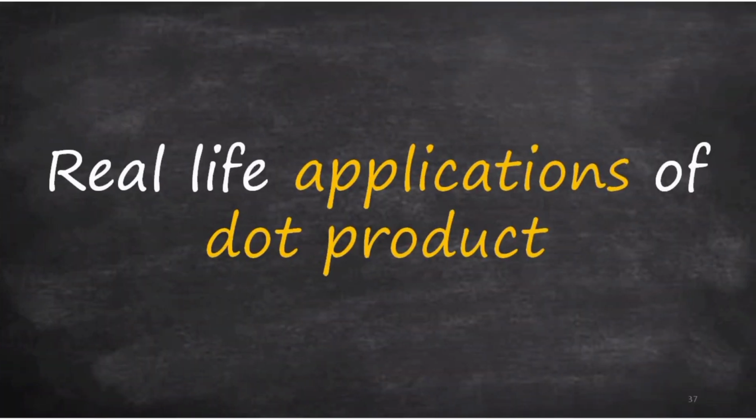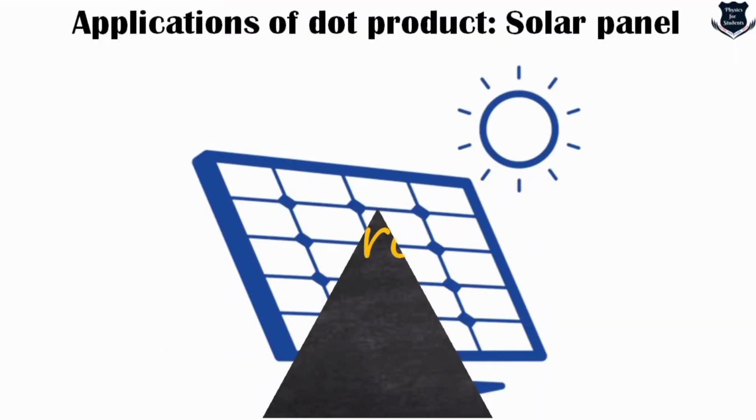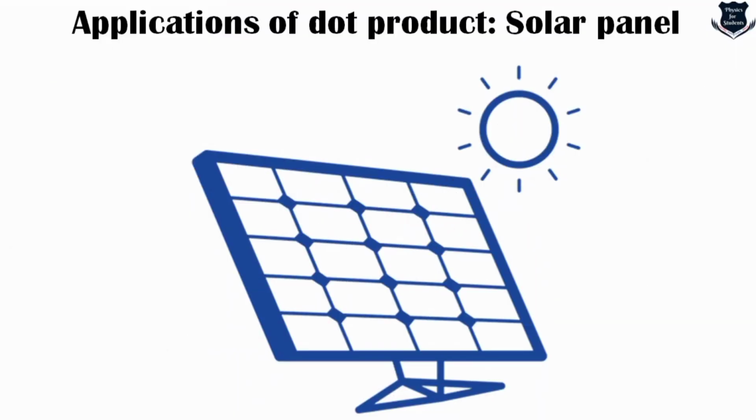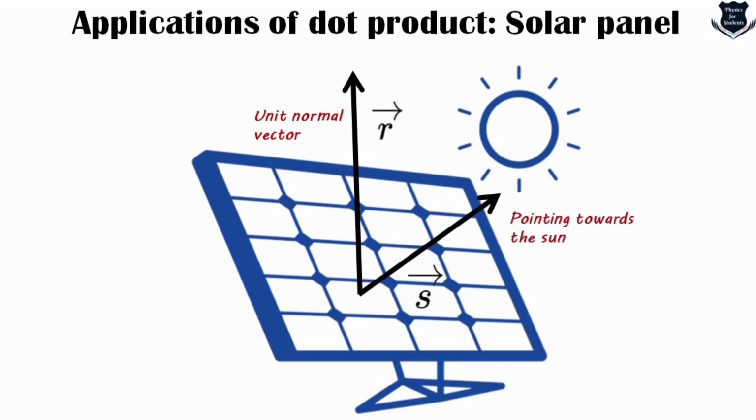Okay, these are the formulas, and now we come to the real life applications of first the dot product and then the cross product. This is quite common. I think you all know this is a solar panel and this is the sun shining, and we draw a normal unit vector R which is straight coming out of the panel, and we draw another S which is pointing towards the sun.